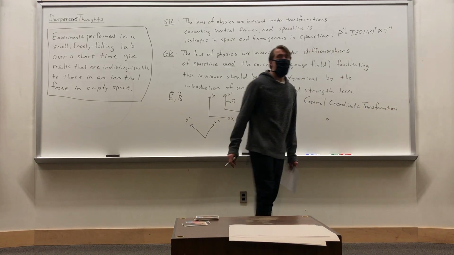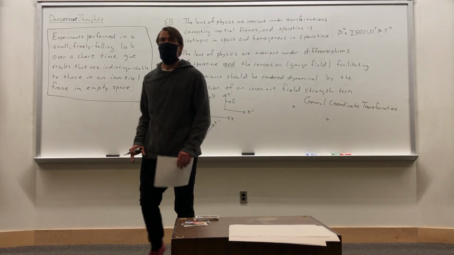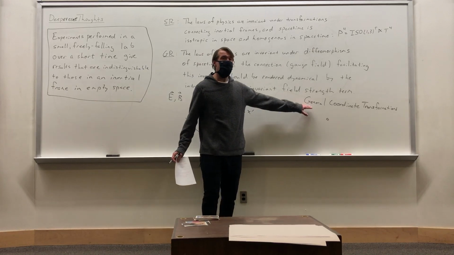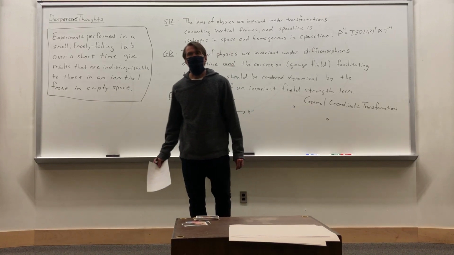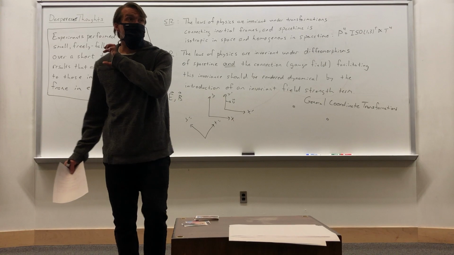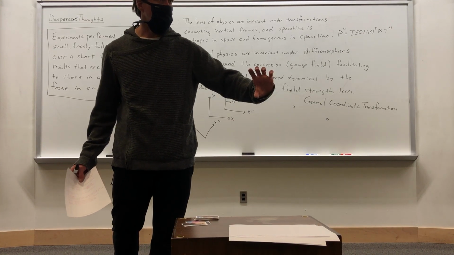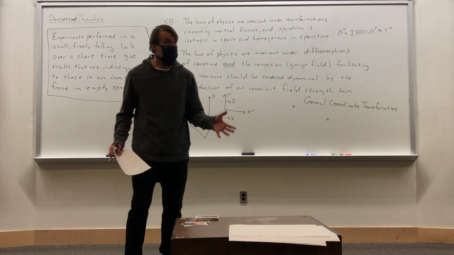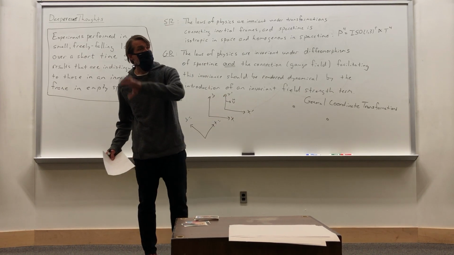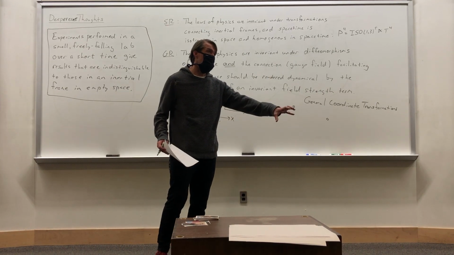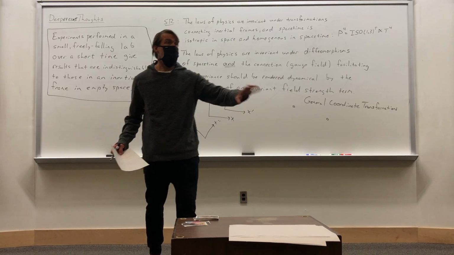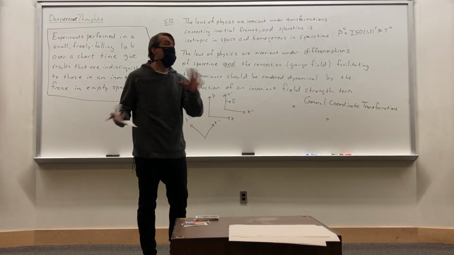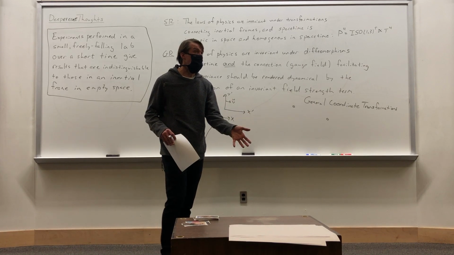And again, since we're going to work with tensors, technically everything is invariant under these. However, most of our expressions will be written in terms of tensor components. So the tensor components will transform, but as long as you have the same kind of tensor on the left and the same kind of tensor on the right of an equal sign, they'll both transform in the same way, so the expression technically doesn't change.